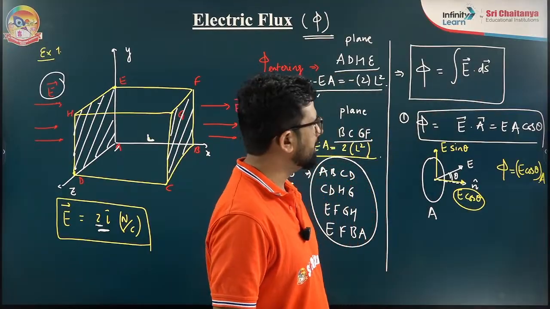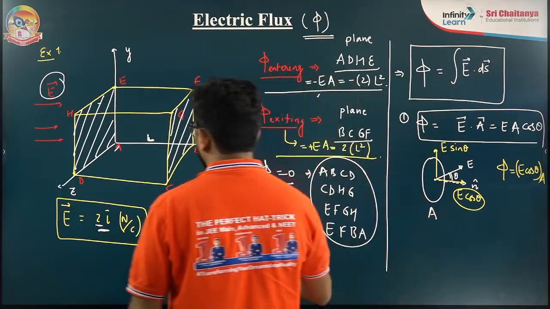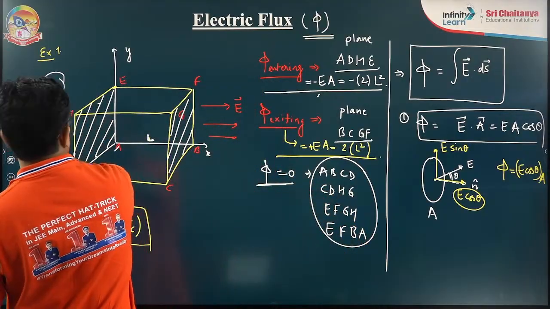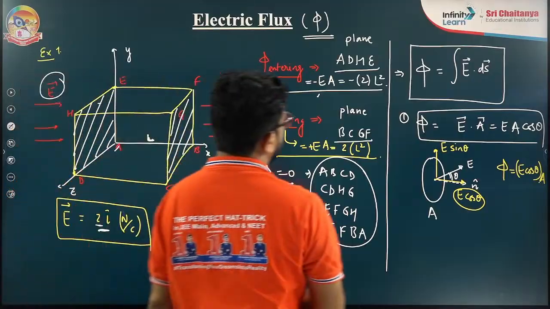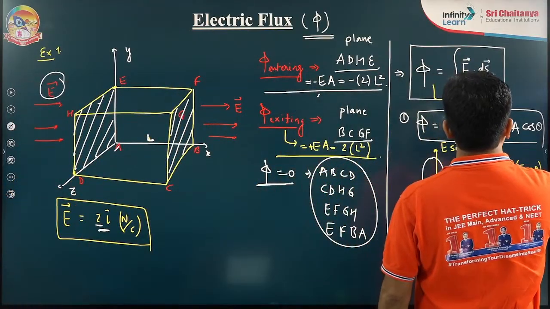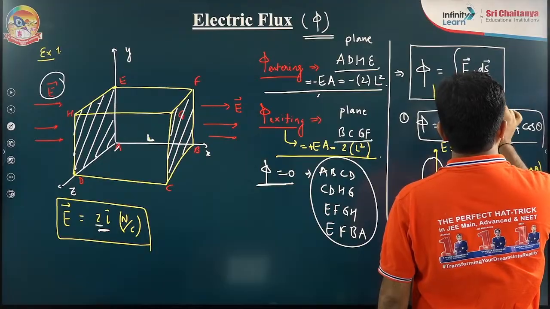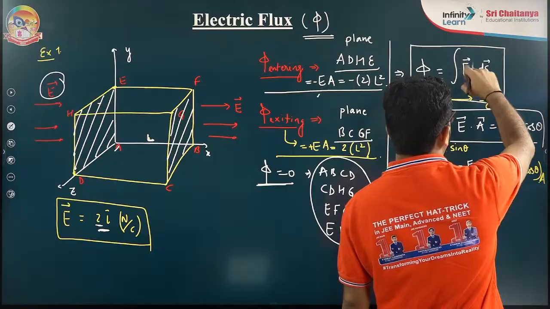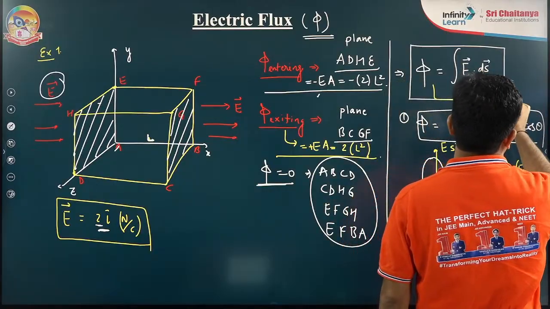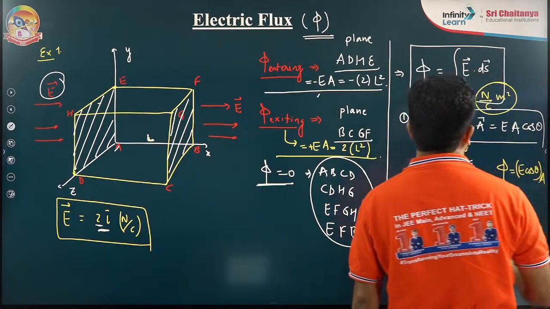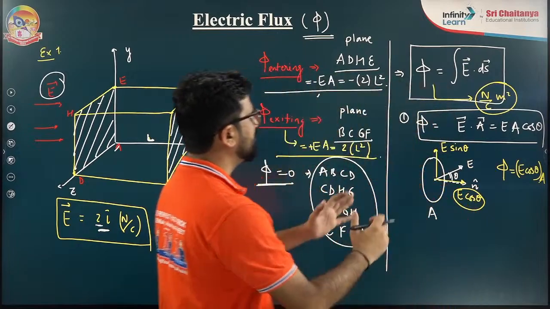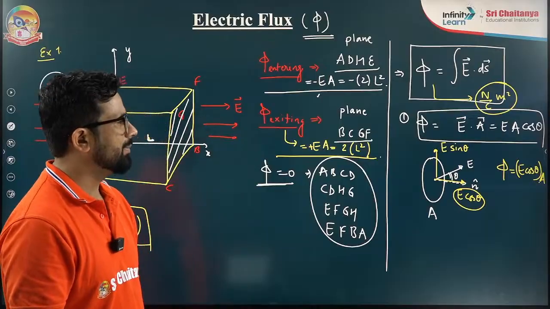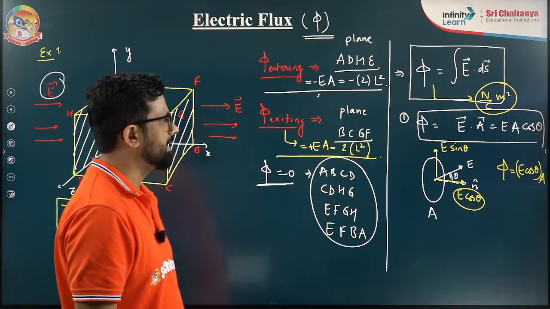If I want to write the unit of this, it would be Newton per Coulomb, the SI unit of the electric field, times meter square, the unit of area. So the SI unit of flux is Newton per Coulomb meter square, or Newton meter square per Coulomb. That's the very basic thing that we can write.